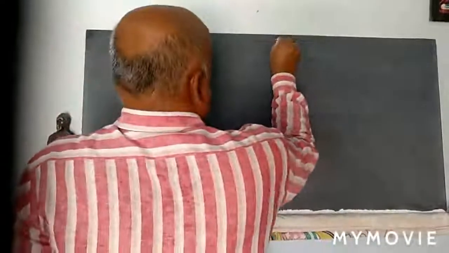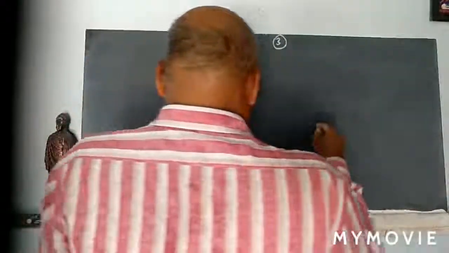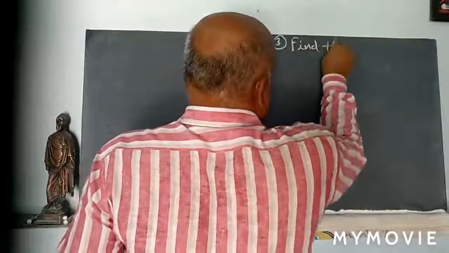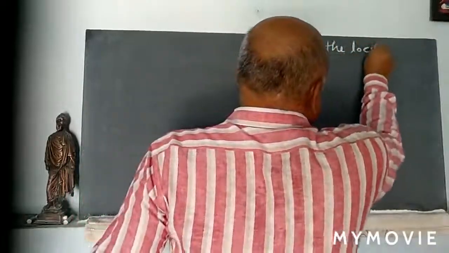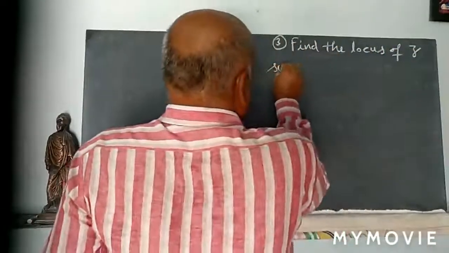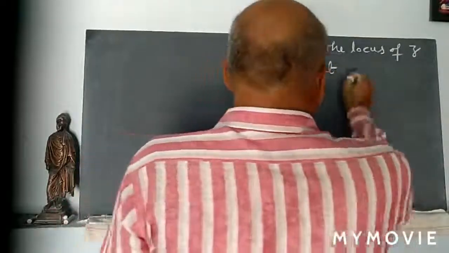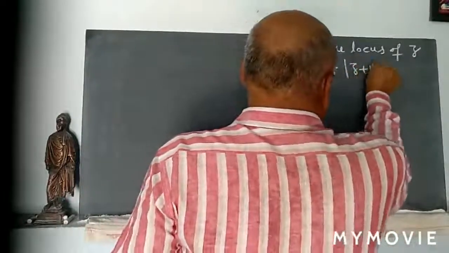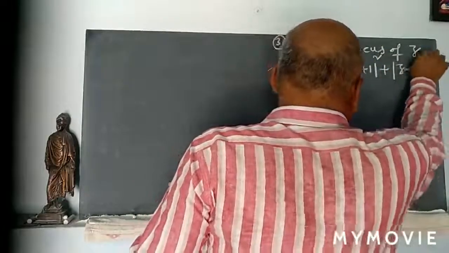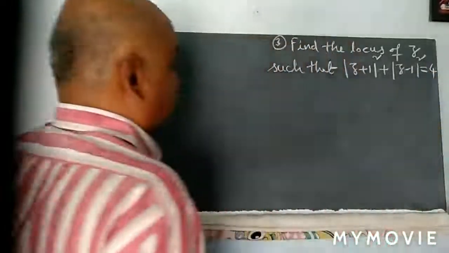Here the third problem. Find the locus of z such that (mod z plus 1) whole square plus (mod z minus 1) whole square is equal to 4.